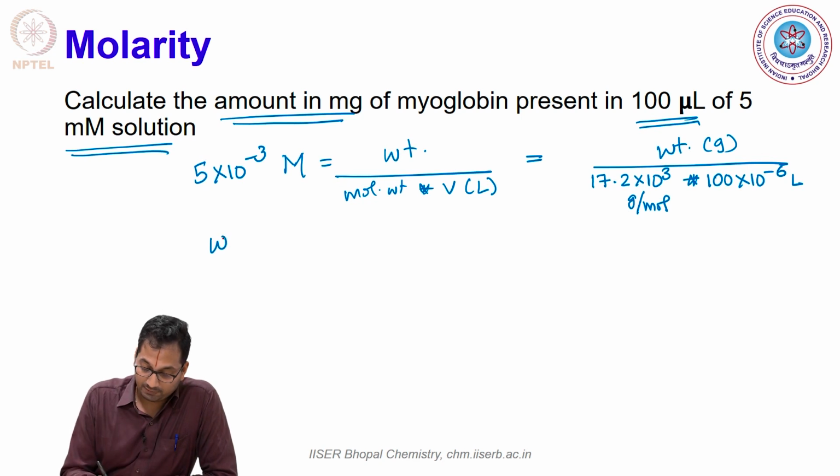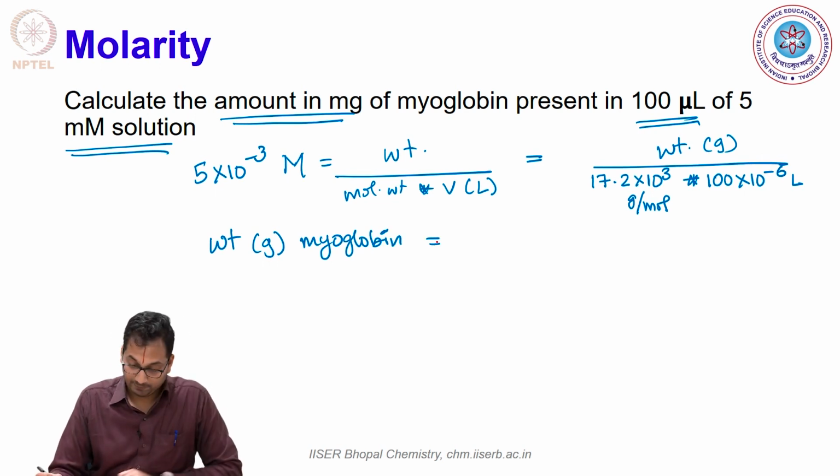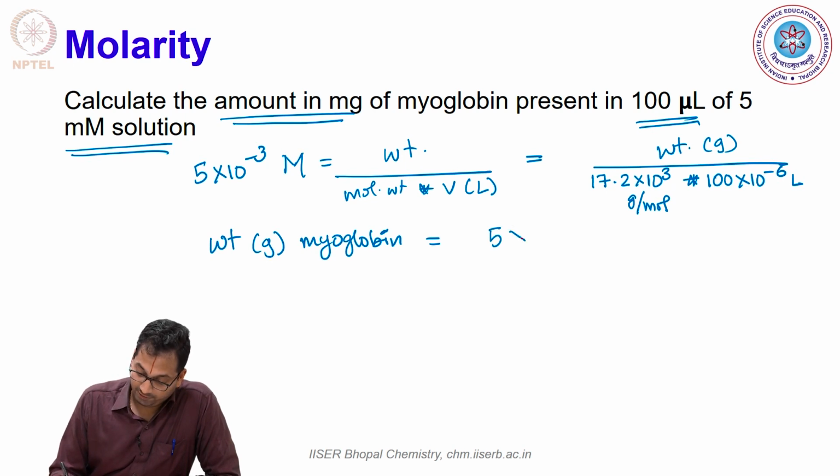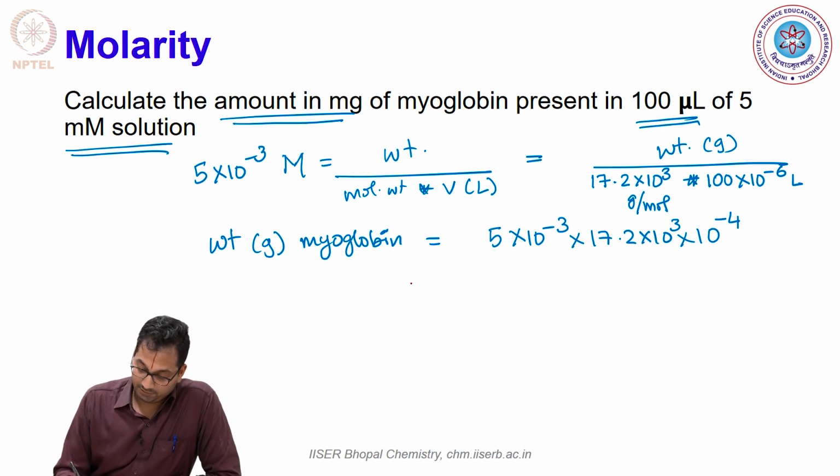So therefore, the weight in grams of myoglobin is going to be equal to 5 times 10 to the power minus 3 times 17.2 times 10 to the power of 3 multiplied by 10 to the power minus 4.